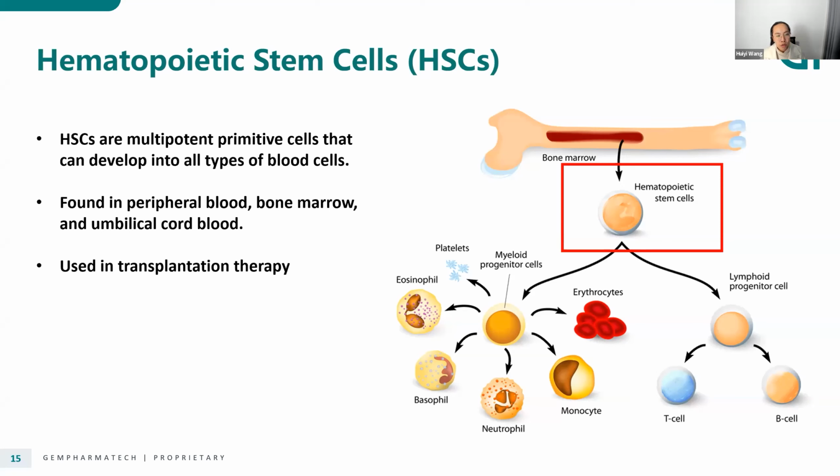Most of the hematopoietic stem cells are located in the bone marrow, and are also found in the peripheral blood, and HSCs are mainly used in transplantation therapy.